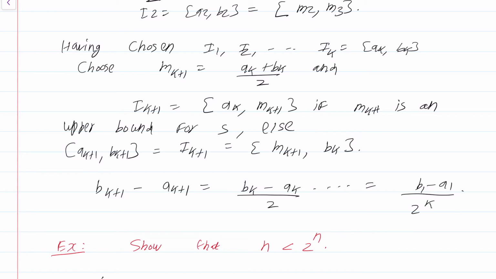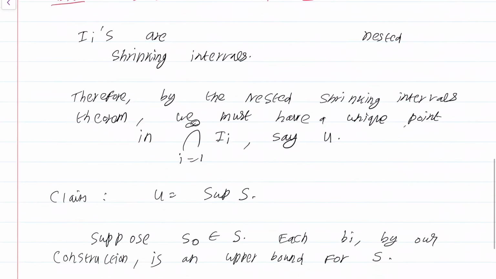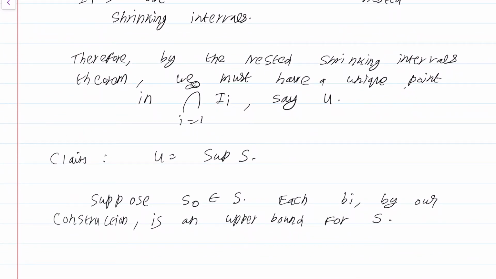We ensured that the right endpoint is always going to be an upper bound of S. At each stage we had two possible choices. We always chose that possibility that ensures that the right hand point of each one of these intervals is always an upper bound. Okay, so we have chosen the right endpoint as always an upper bound.